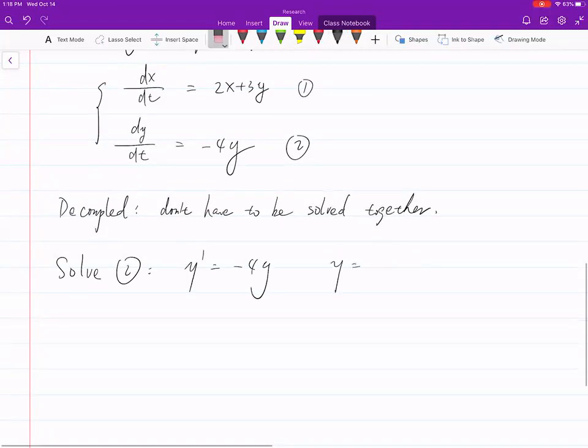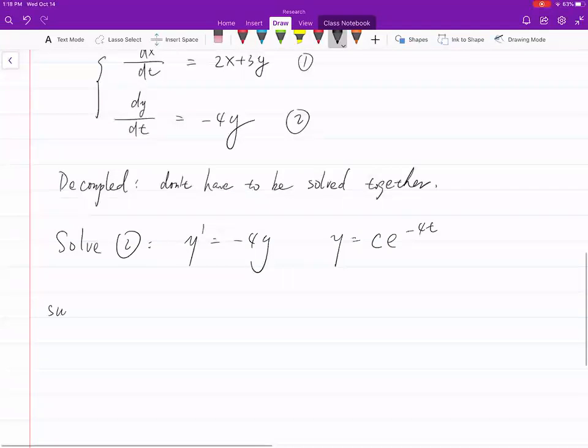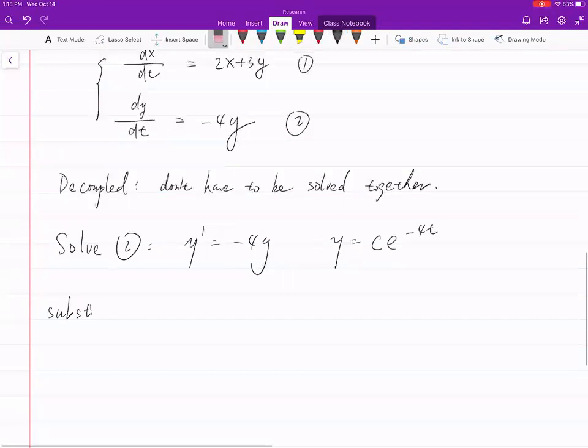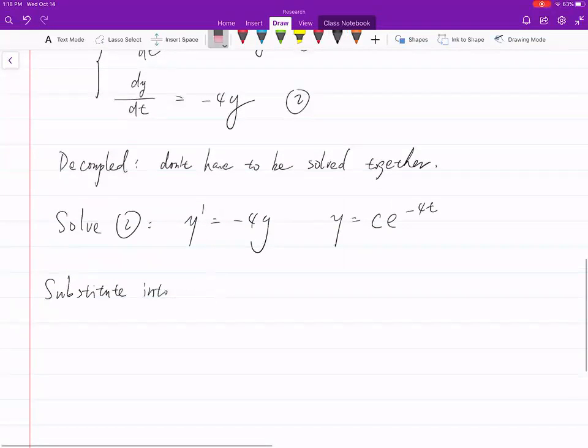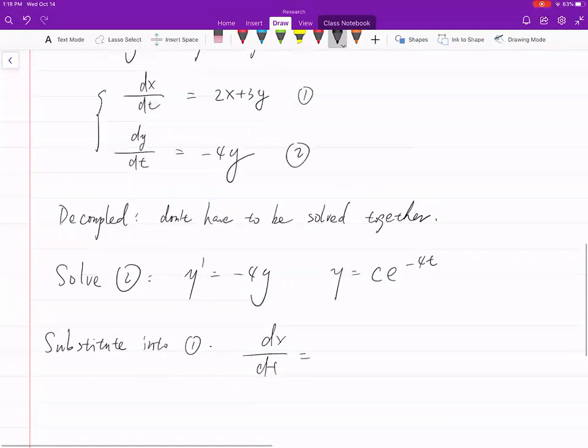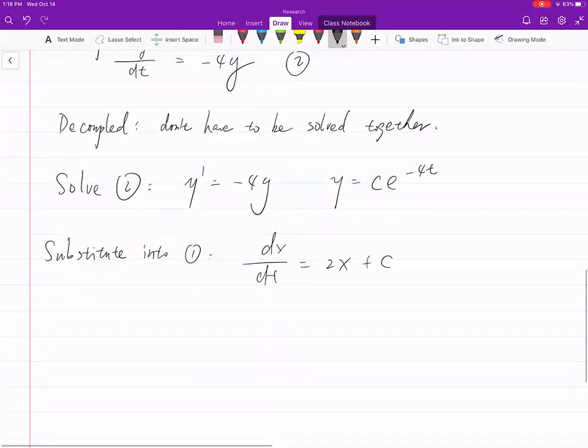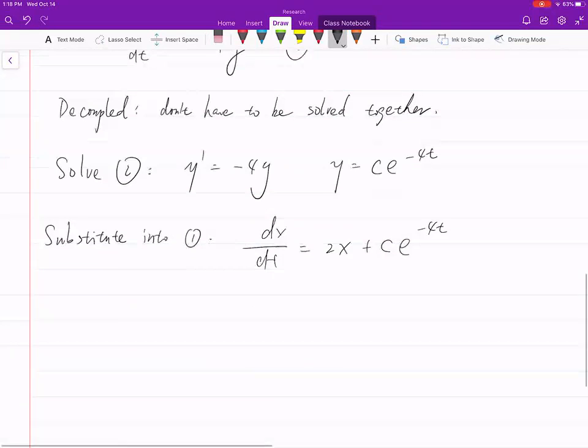y equals C e to the negative 4t. Okay, then substitute into one. Since you already have the solution, dx over dt equals 2x plus C e to the negative 4t, which is your y. Okay, and you can go from there.